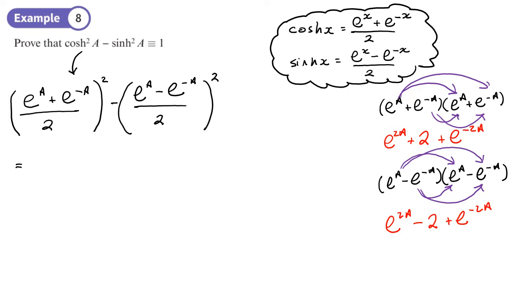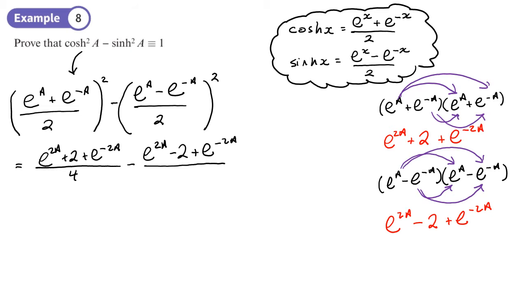So let's stick that in over here. So the first fraction will become, once we square it, e to the 2a plus 2 plus e to the minus 2a over 4, because we're squaring top and bottom, minus e to the 2a minus 2 plus e to the minus 2a over 4.